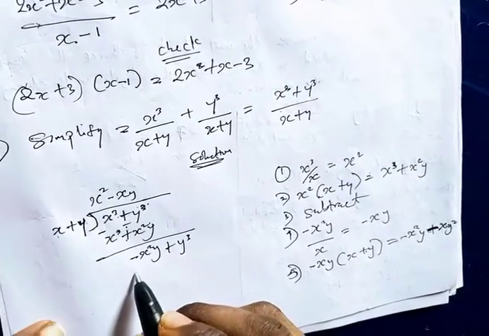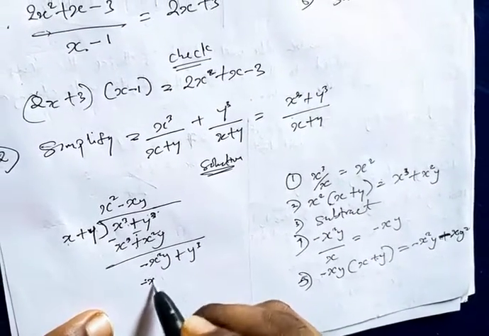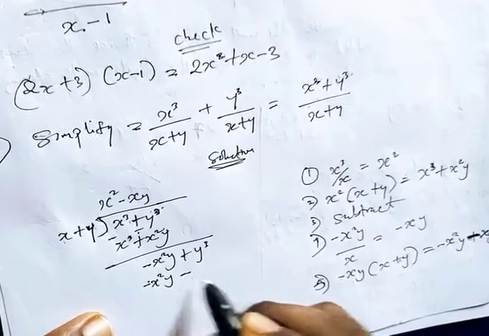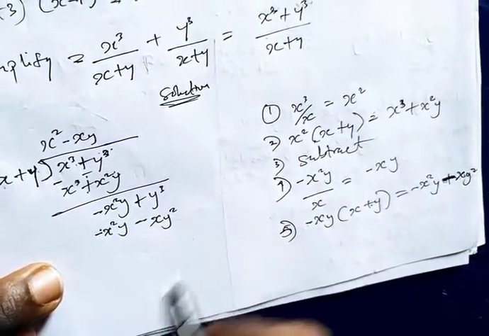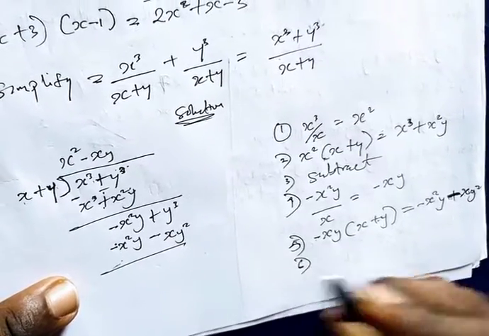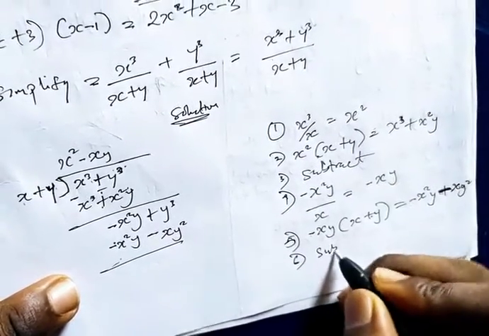Now I put my negative x squared y, negative xy squared. Then I go to the sixth step, which is to subtract again.